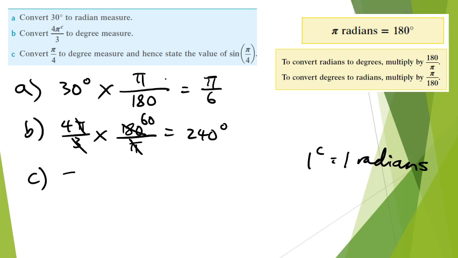So pi over 4. How do you convert that to degrees? What do I put on the top? The degrees part or the pi part? 180. Yes, 180. That gives you 45 degrees. Now, here's a test.